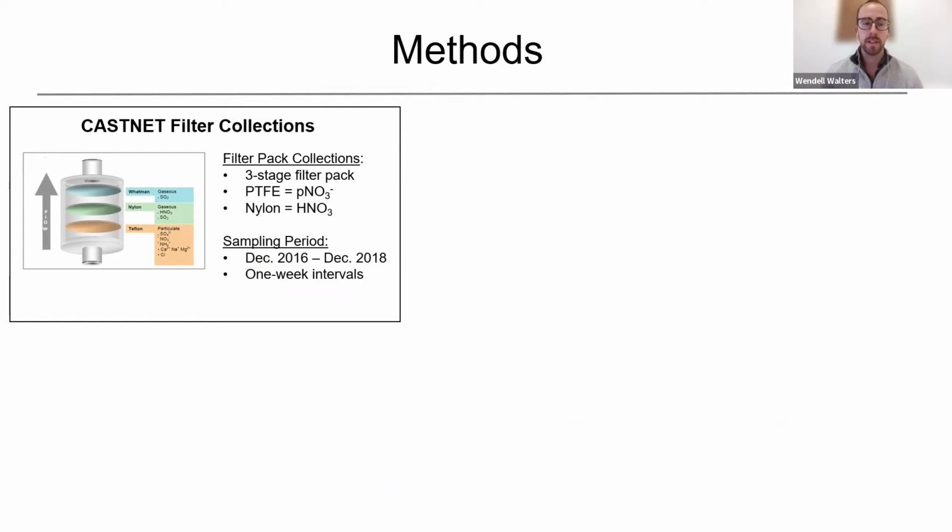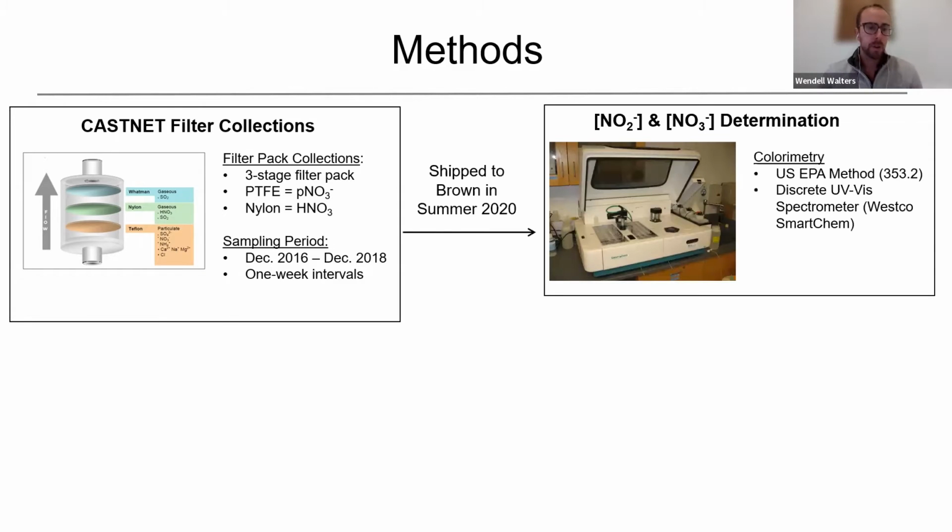We acquired samples from the various study sites from a period that spanned December 2016 to December 2018, and these samples are collected at 1-week intervals. These samples were shipped to Brown University, where we remeasured the nitrite and nitrate concentrations to assess the stability of the sample extracts.